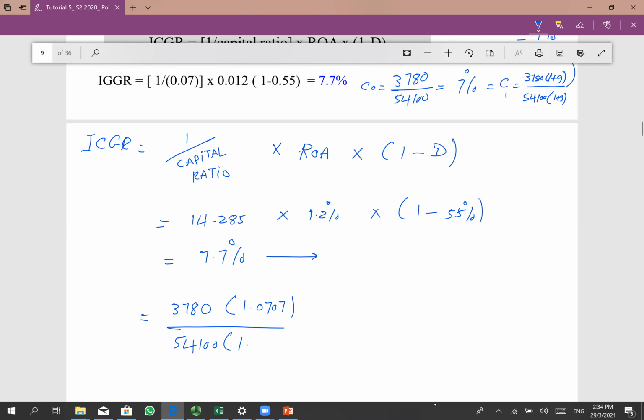And why I should do that? Because you will have 7%, same, which is you are keeping the target.